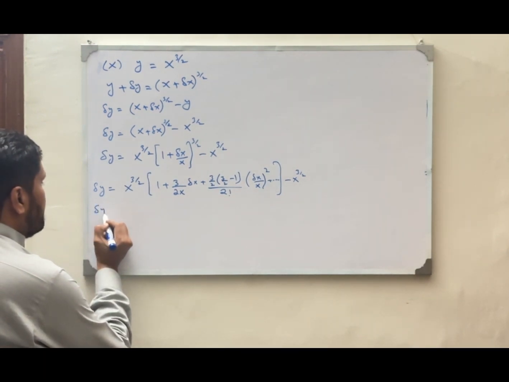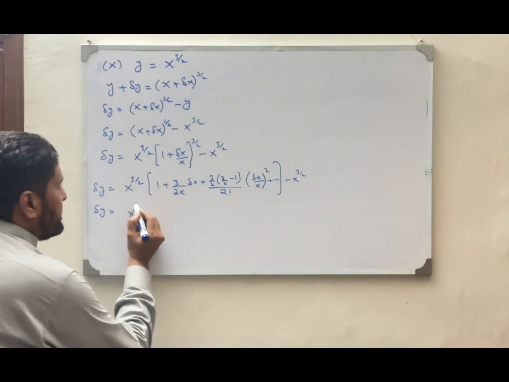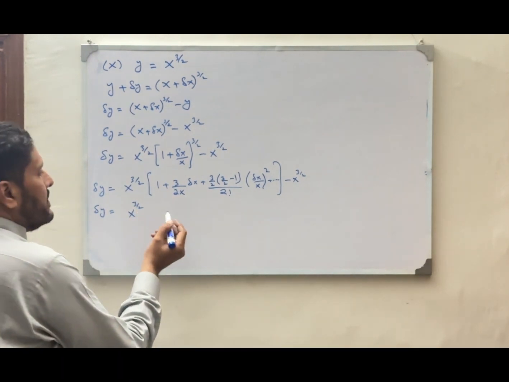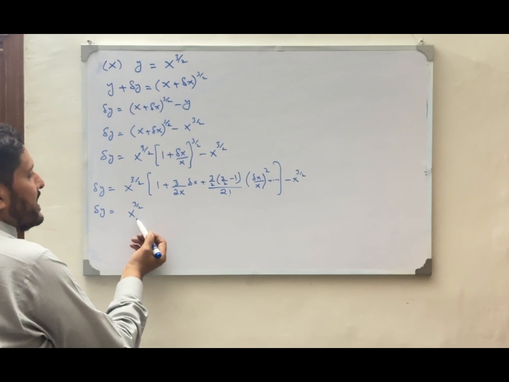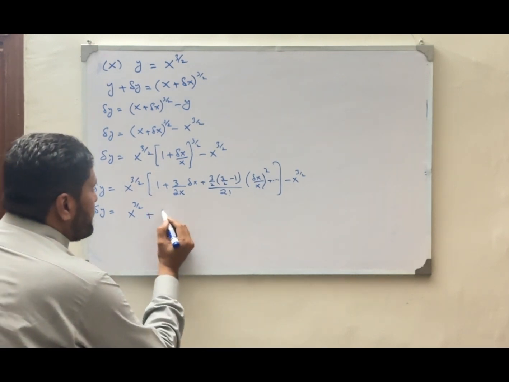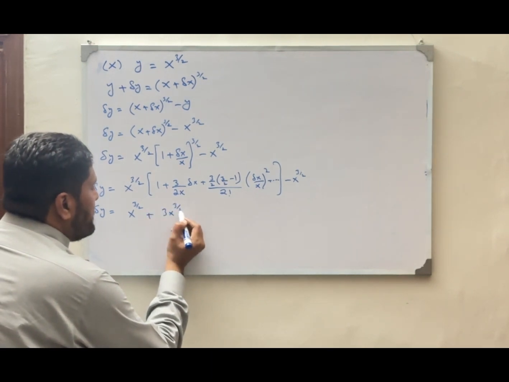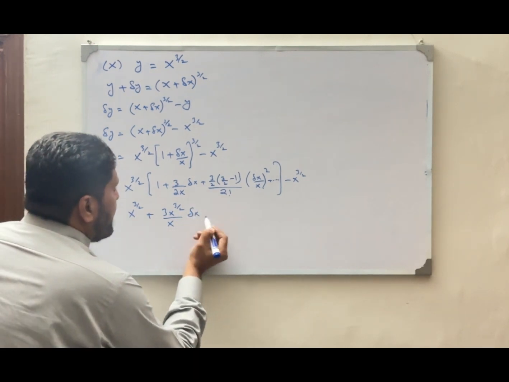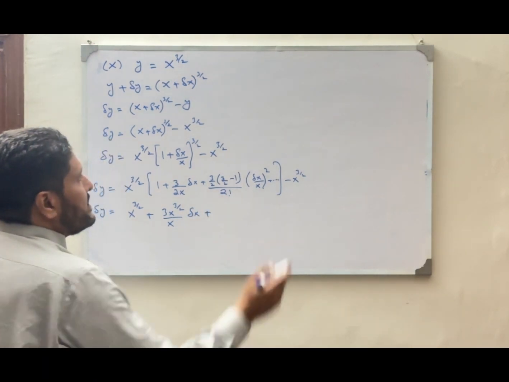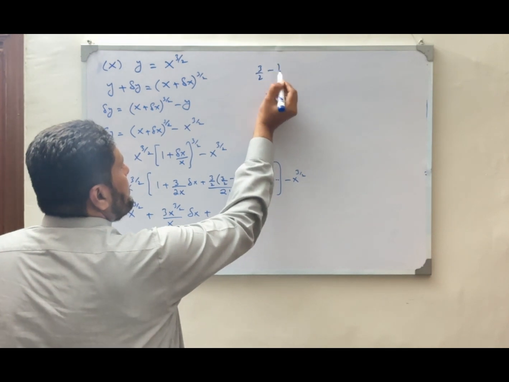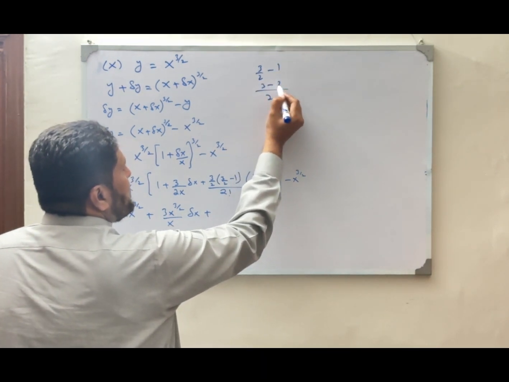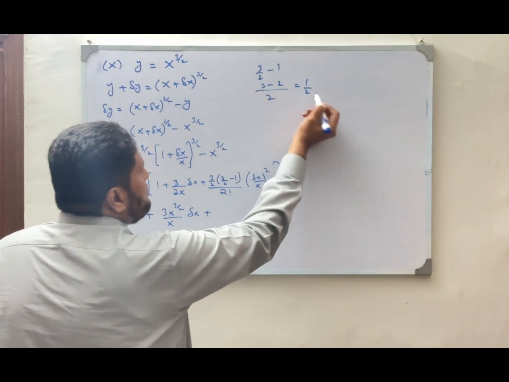And minus x power 3 by 2, the value of y. So our delta y is equal to x power 3 by 2 multiplied by 1, that will remain as it is, plus 3 by 2 into x power 3 by 2 divided by x into delta x, plus 3 by 2 into (3 by 2 minus 1). We take LCM 2, this will become 3 minus 2, that is equal to 1 by 2.